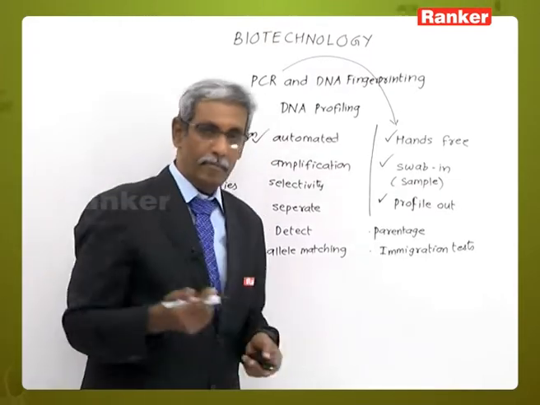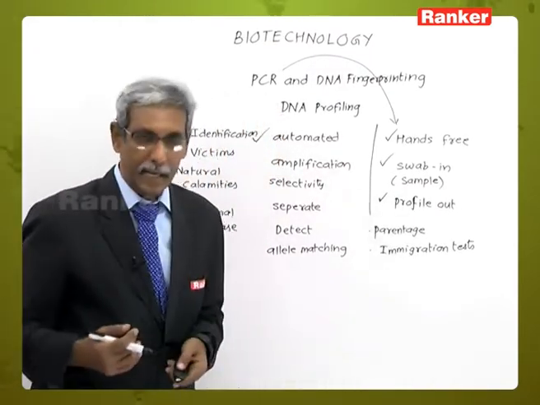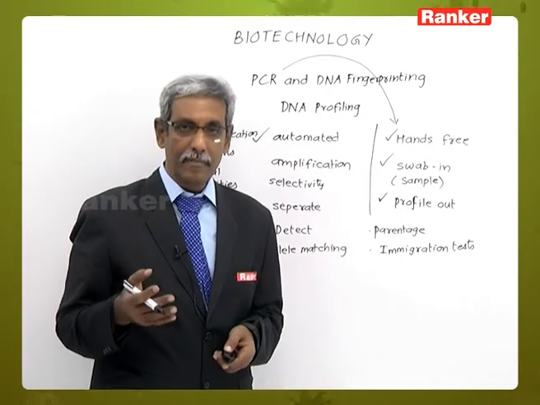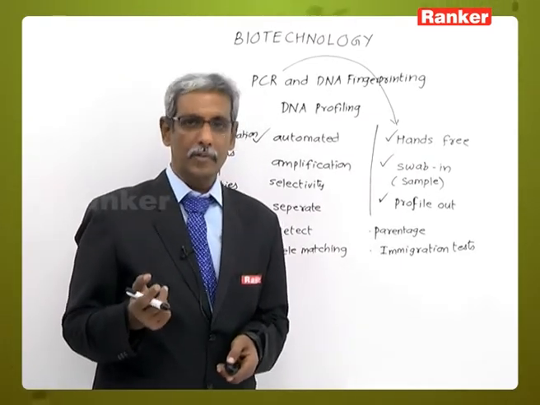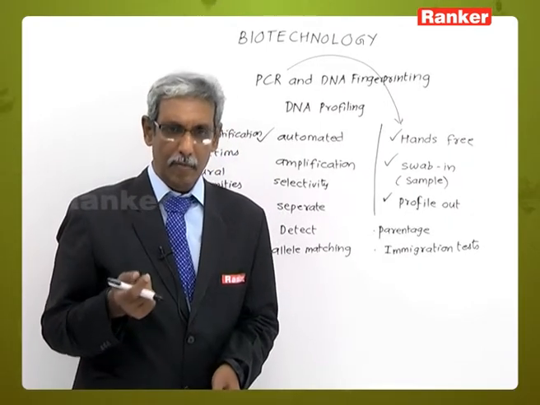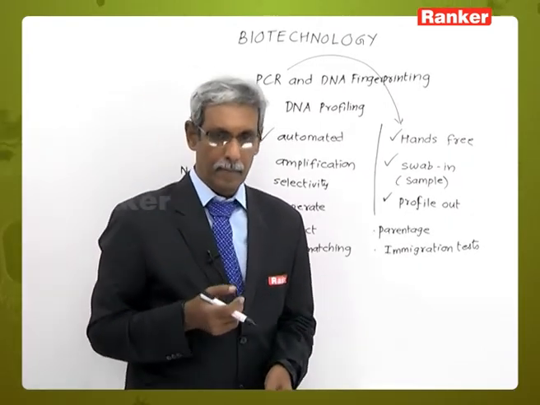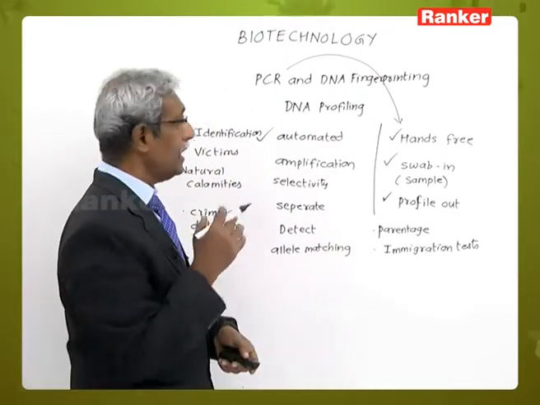Immigration tests will clearly indicate what your native origin is and what your DNA profile is, either from your saliva, your blood, or a swab taken from your cheek. So, this was primarily about PCR and DNA fingerprinting.